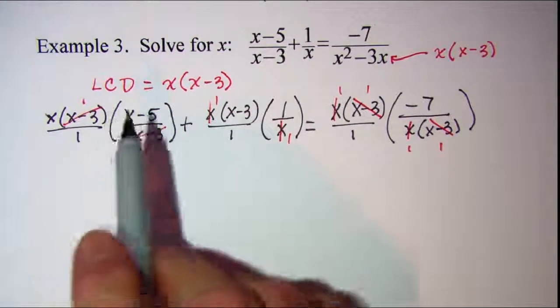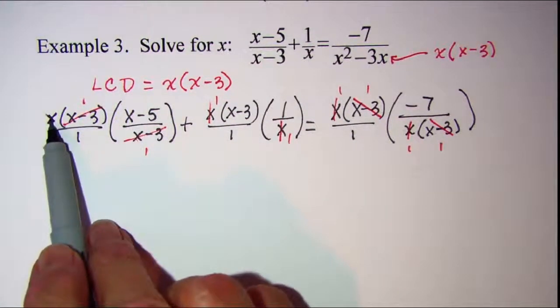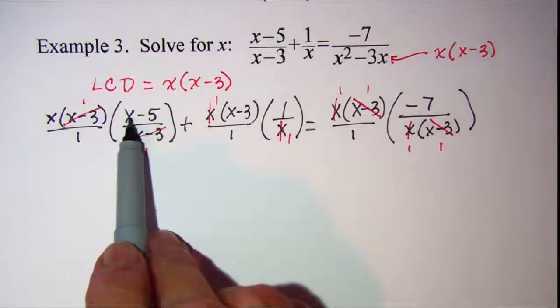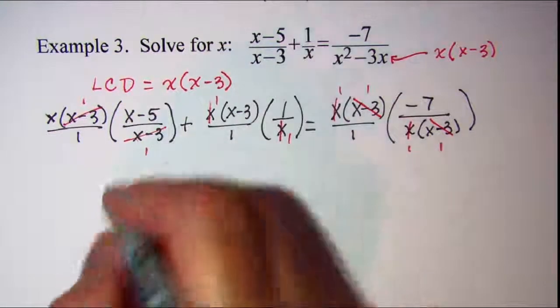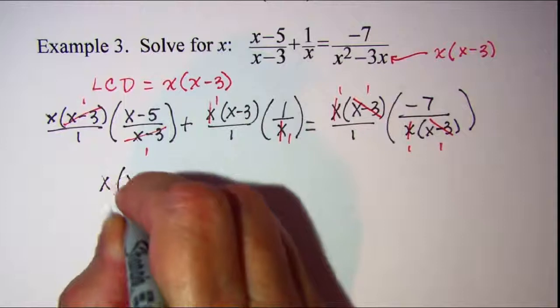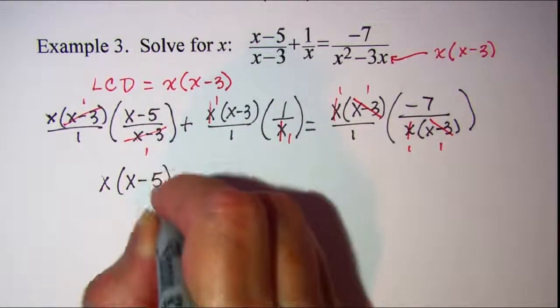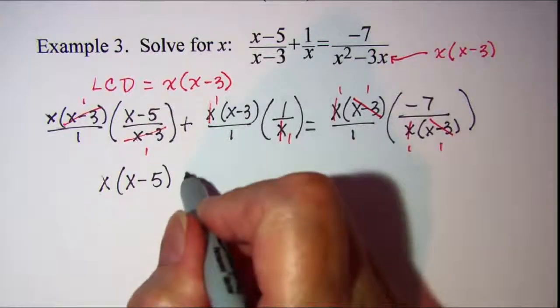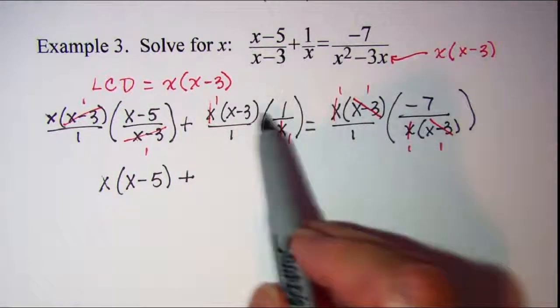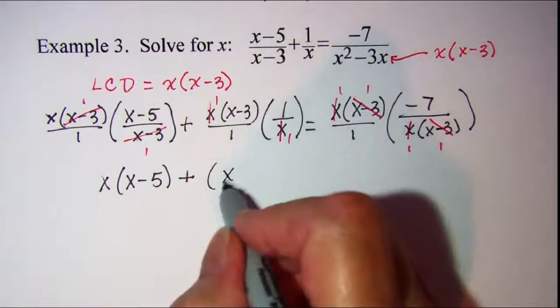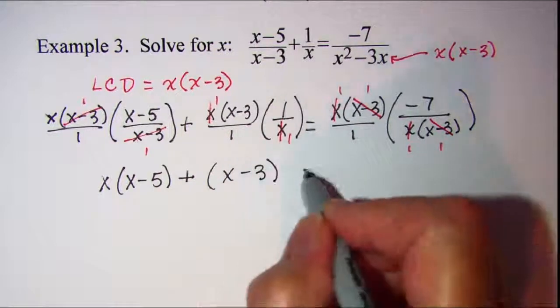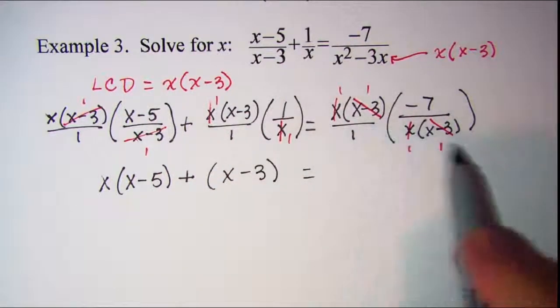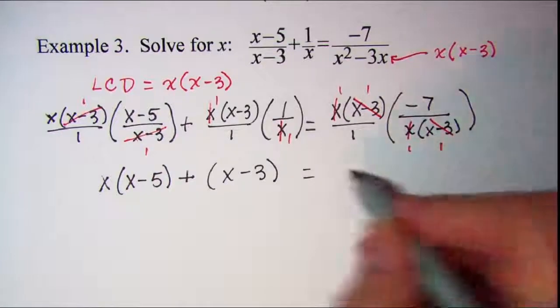So now we'll write what's left. We have x multiplied by (x - 5), and then all the rest of these factors are 1s. So plus, and then here I have x - 3. And then on this one, I just have -7.